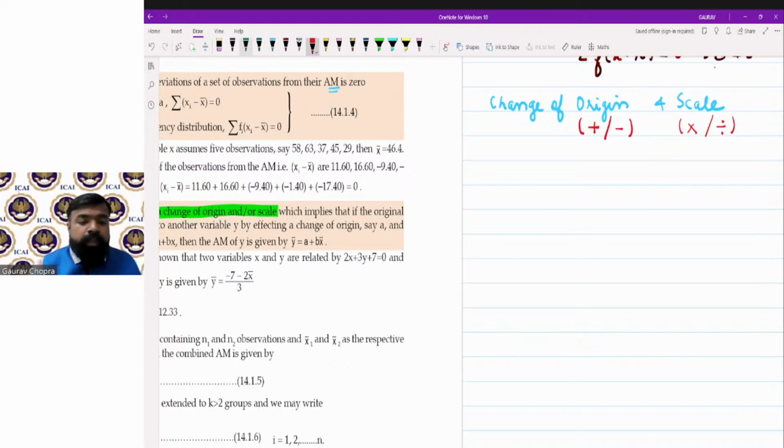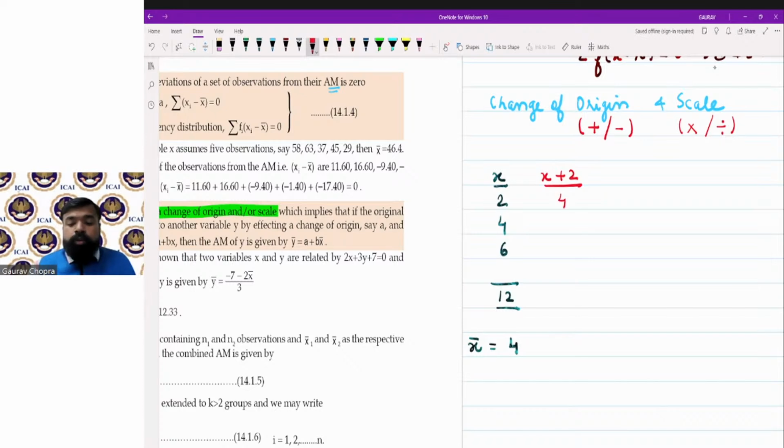Now, how does this affect arithmetic mean? Let's say x is given as 2, 4, and 6. What is the arithmetic mean? The total is 12, and arithmetic mean will be 12 upon 3, that is 4. Now we increase all the observations by 2, x plus 2.